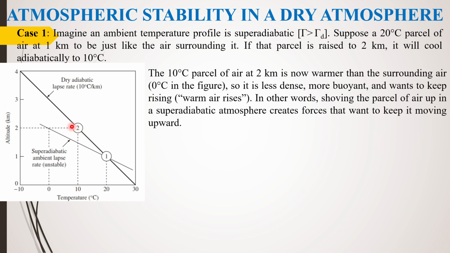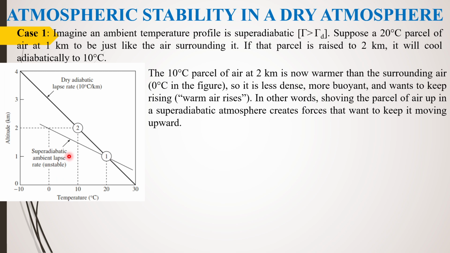But in this position, what will be the ambient temperature? You can see that the ambient temperature at this point is 0 degrees centigrade. So the 10 degree centigrade air parcel at 2 kilometers is now warmer than the surrounding air.